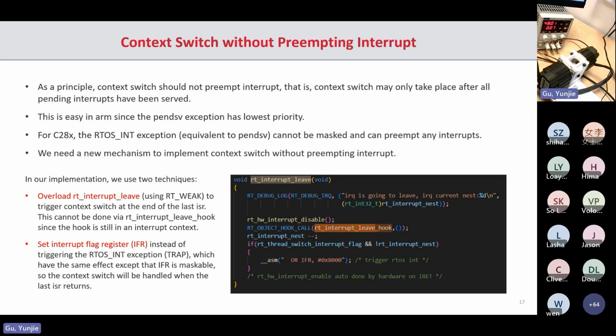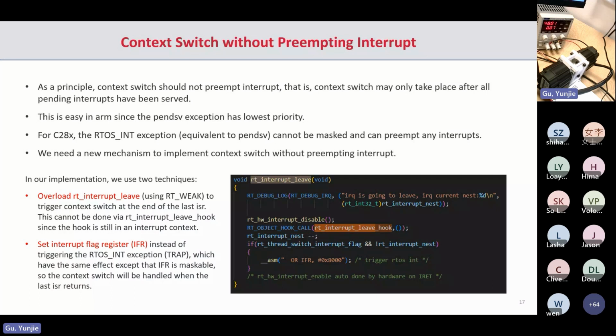To address this problem, we overload the rt_interrupt_leave function, which is called by each of the interrupt handlers in the RT-Thread framework, and we insert these sentences into that function.